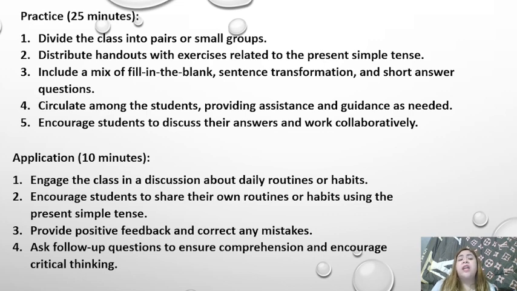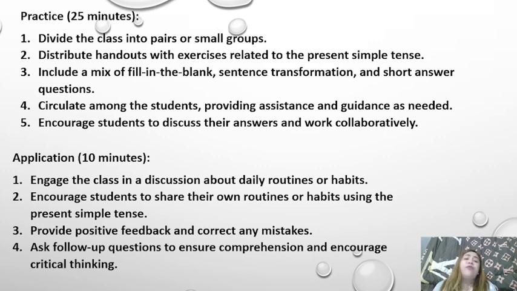And then circulate among the students, providing assistance and guidance as needed. And then you encourage students to discuss their answers, and you and your students should work collaboratively.